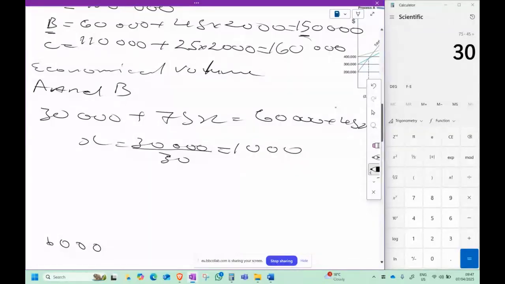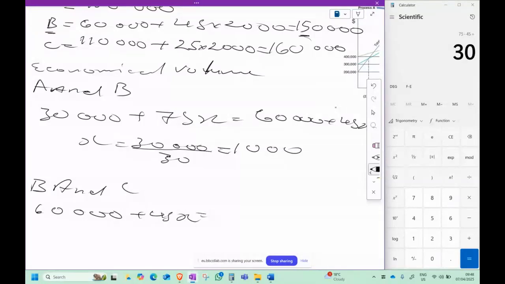Right. Then the economical volume or crossover point between B and C. Which is 60 plus 45x equals 110 plus 25x.